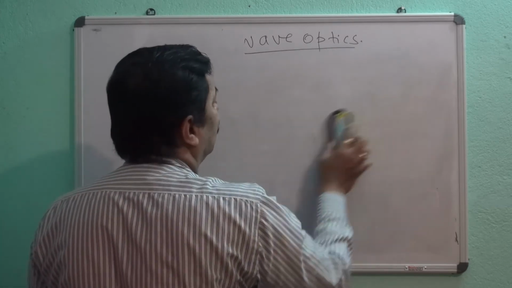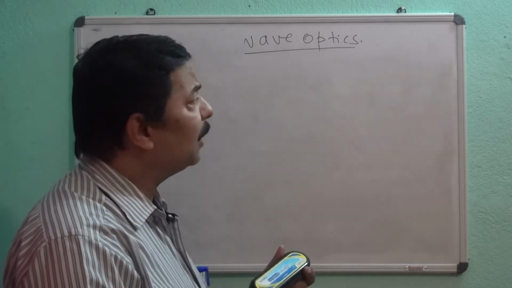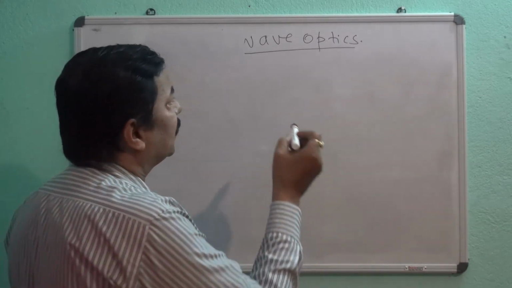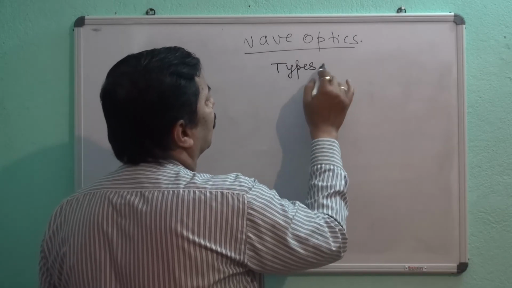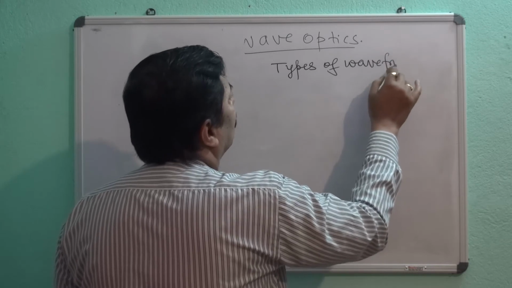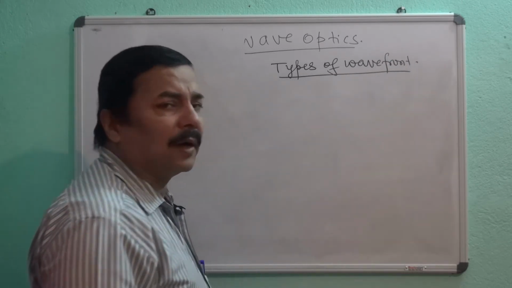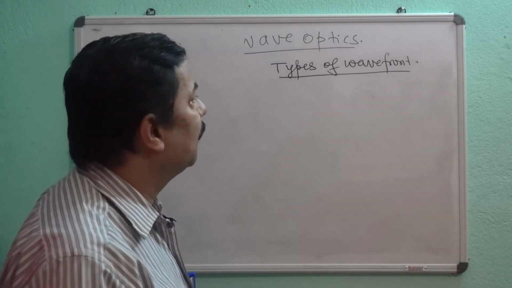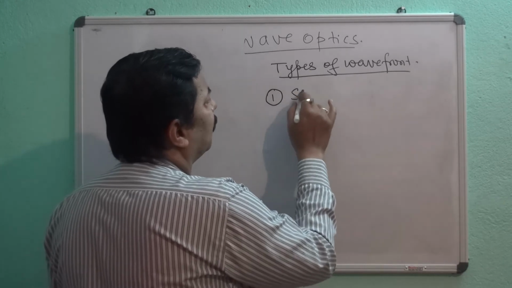Now we are studying the types of wavefront. The first type is the spherical wavefront.